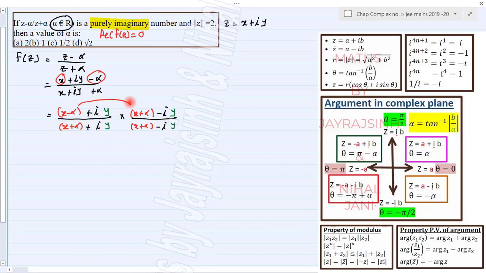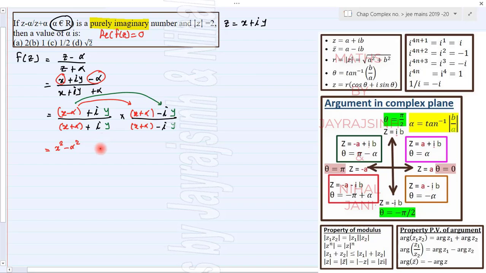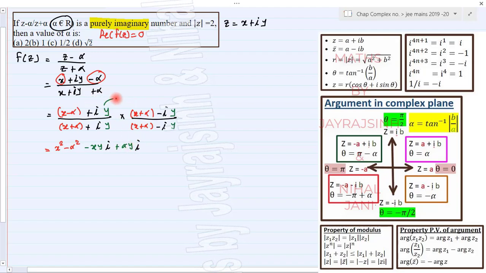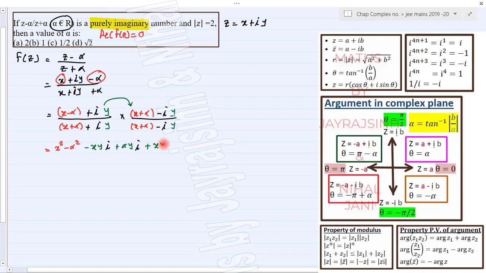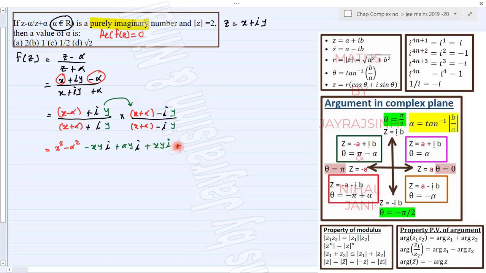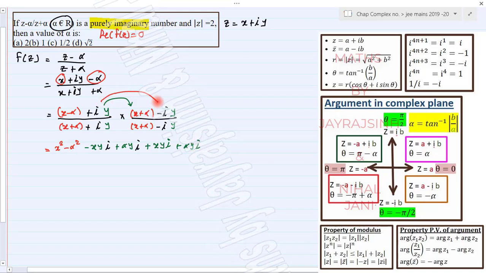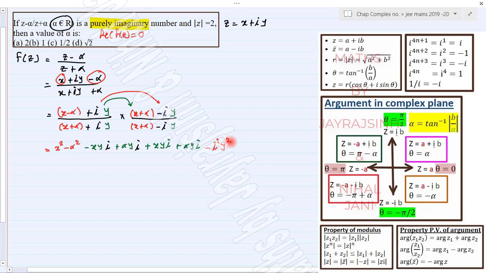Now, x minus alpha into x plus alpha will give us x square minus alpha square, and x minus alpha into minus iy will be minus xyi plus alpha yi. Now we multiply iy with x plus alpha, which gives xyi plus alpha yi, and iy into minus iy will be minus i square y square.